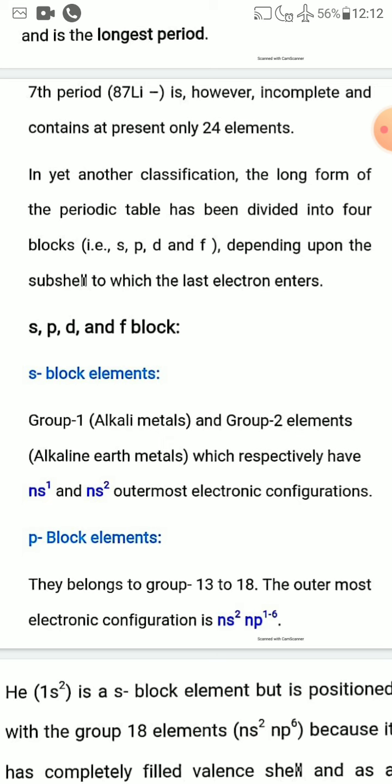In case of S block elements, the last electron enters into the S orbital. So S block elements are group 1 elements and group 2 elements.